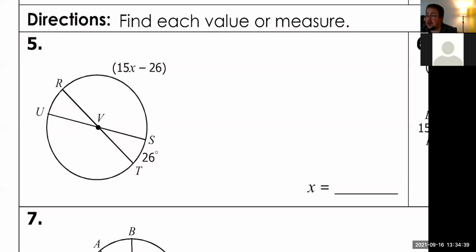It should equal 180. So 15x minus 26 plus 26 equals 180 degrees.